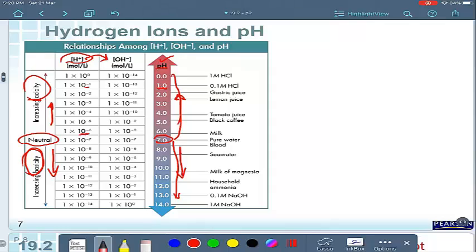If the H+ concentration increases, it means OH- decreases. If the H+ decreases while moving in this direction, it means the OH- increases. Yes, increases. Why? Because it's basic.